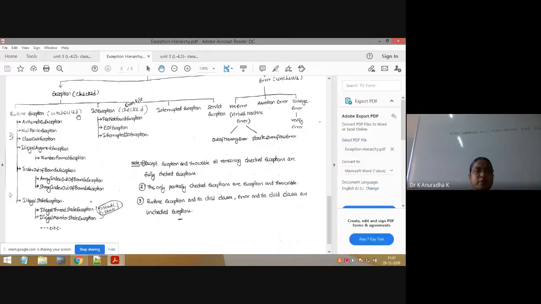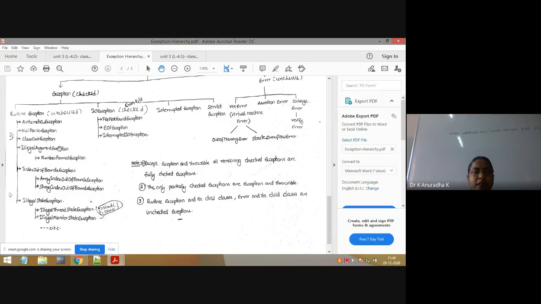So try to remember this point, otherwise you can't differentiate checked exception and unchecked exception. First we should know the difference between checked exception and unchecked exception. Then only you can write the programs in exception handling. For that reason I am explaining this hierarchy, and in this exception hierarchy, runtime exception and all its subclasses are unchecked exceptions.